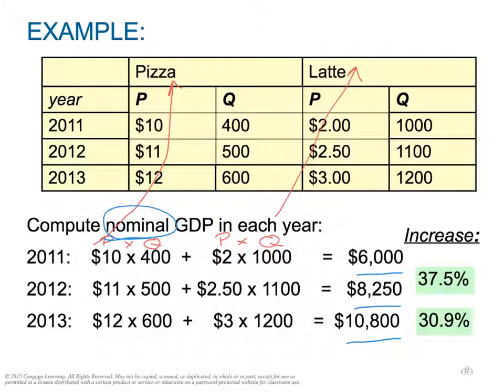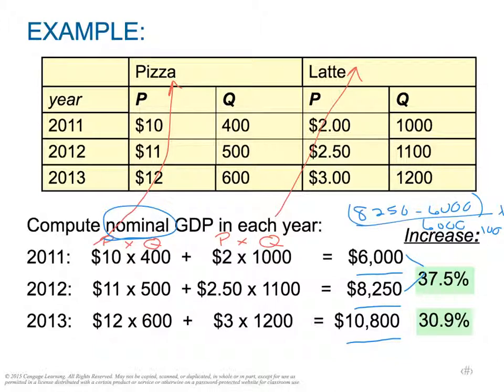If we were silly enough and didn't have an econ course, what a lot of people do, unfortunately, is calculate the percent change. So if we looked at the percent change, which would be simply the 8,250 minus the 6,000 divided by 6,000, again, make sure you do your numerator first, multiply that by 100%, it looks like we had a 37.5% increase in our economy and then a 30.9% increase.